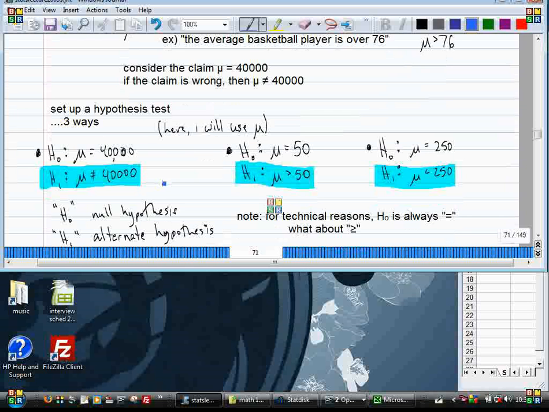So I just want to make a statement about notation. There's a convention. If you look at the first way of writing hypotheses, equals, not equals, those are clearly opposites. In the second case, greater than or equals, those are not opposites. It's a convention that we write it like this. Why? Long story short, when you start doing these problems, it's much easier just to remember that H0 you always write down equals.